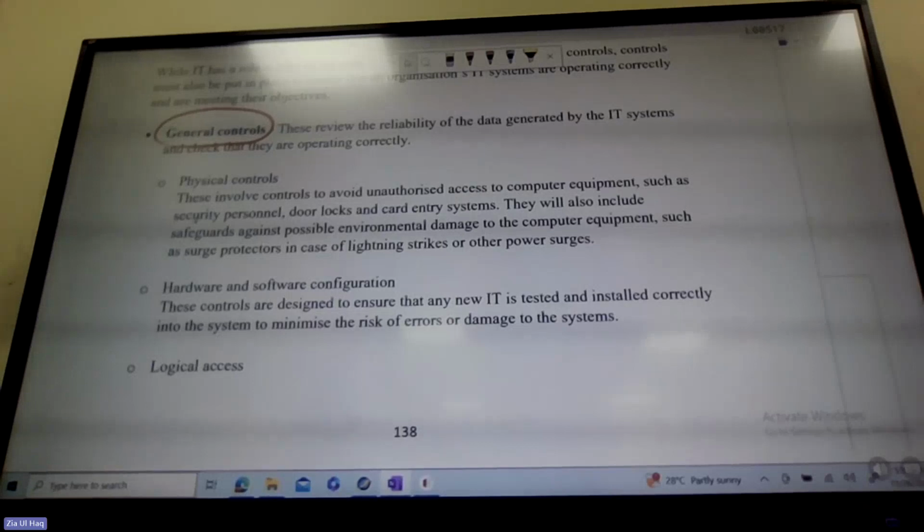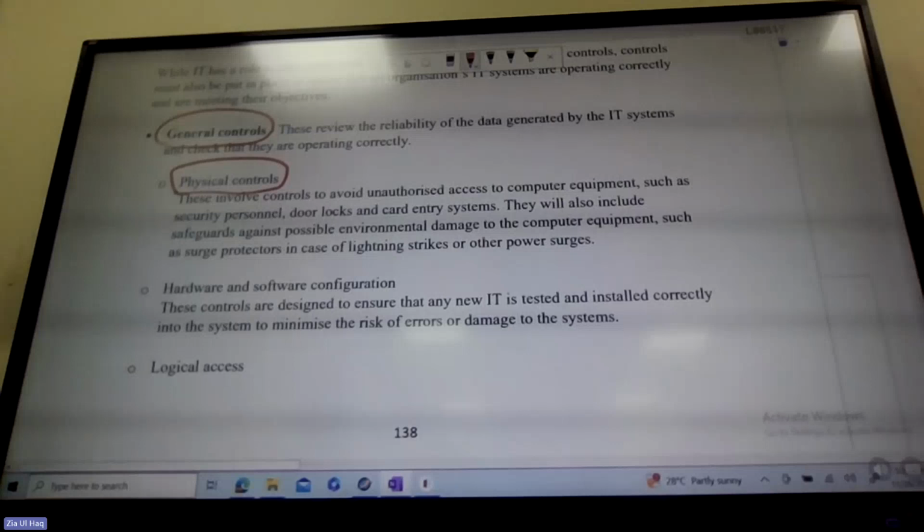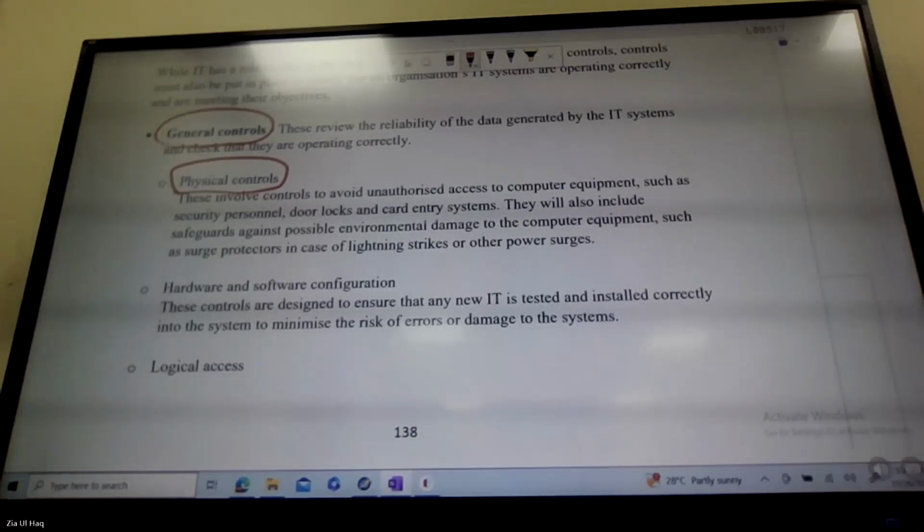What are the general IT controls? Physical controls. Your organization's computer system is very expensive. It's a main part of your organization. It should be placed in a locked room so that no unauthorized employee has access to the system and cannot misuse the hardware.